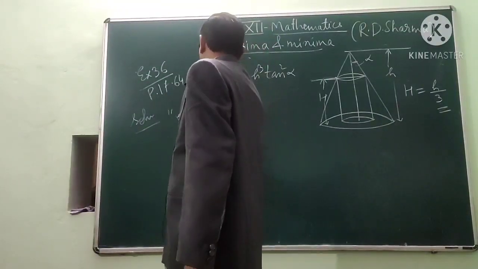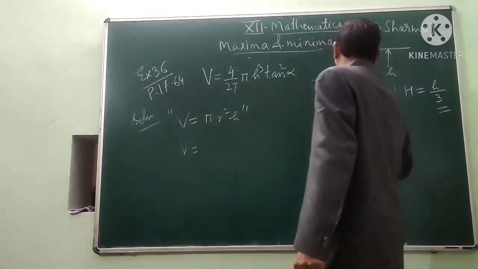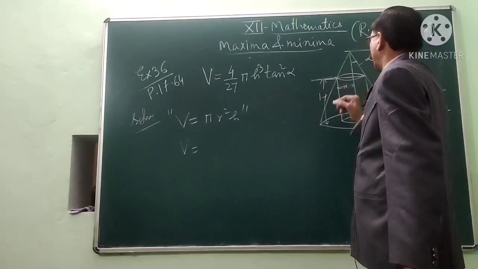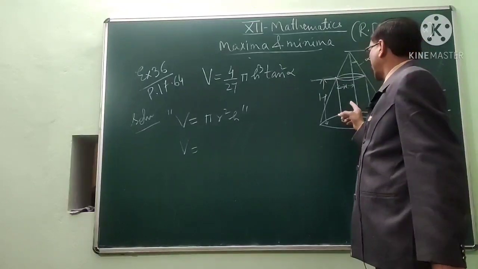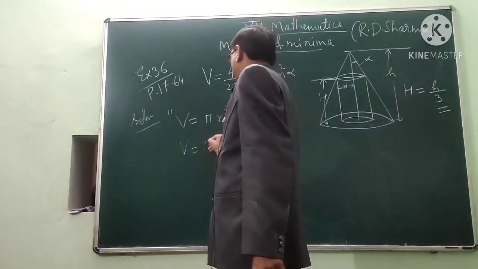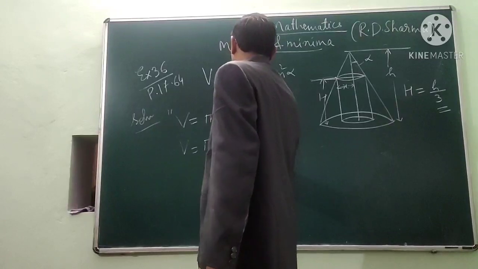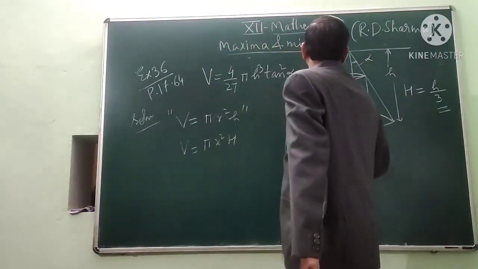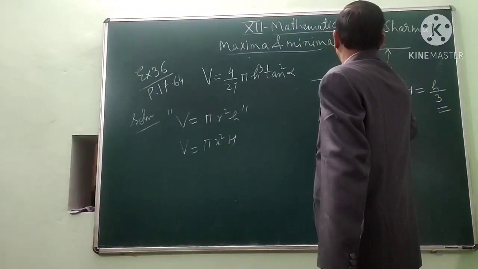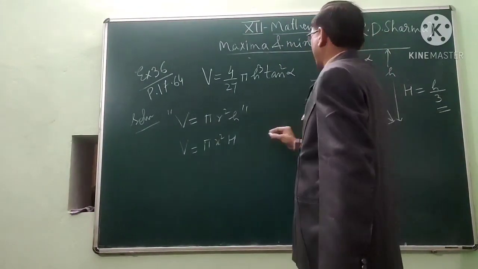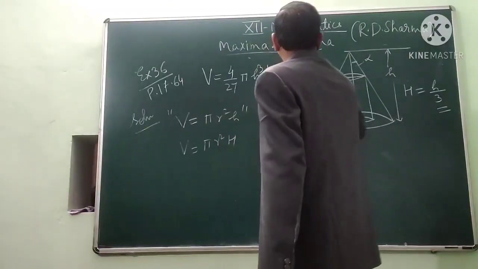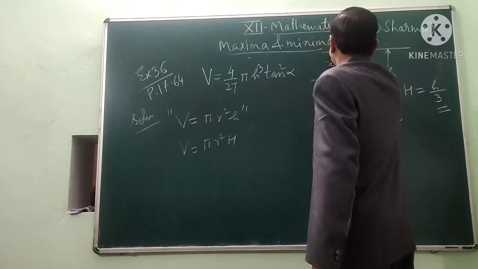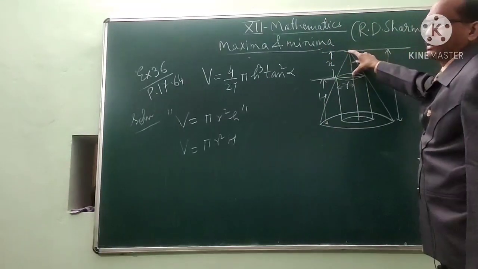So according to this, let the radius of the cylinder be x, and the height is capital H. So it is pi x square into capital H. Let this be small r and let this value be x.